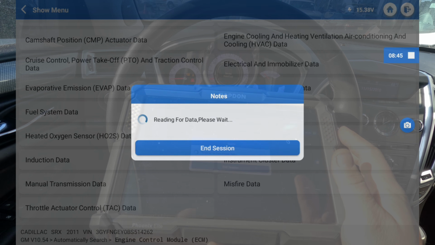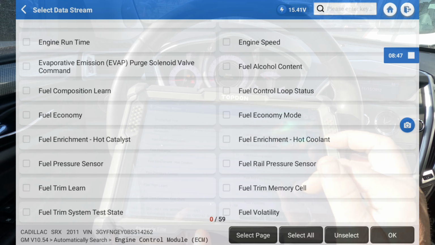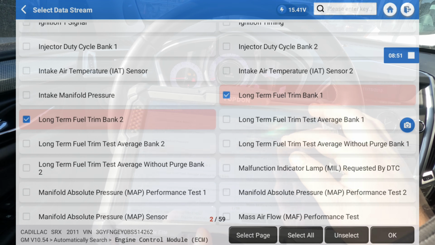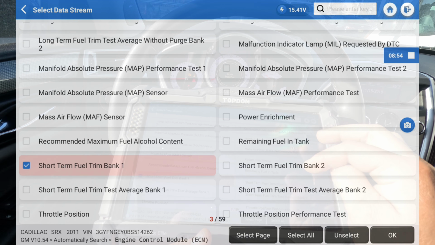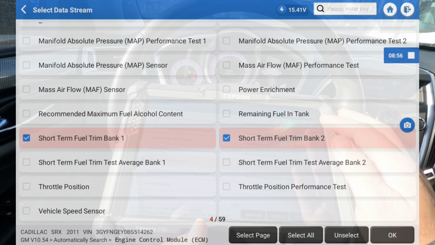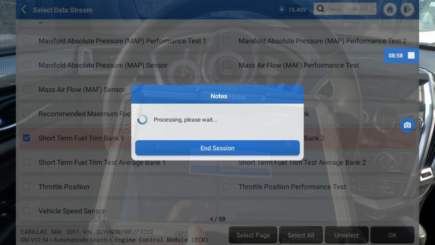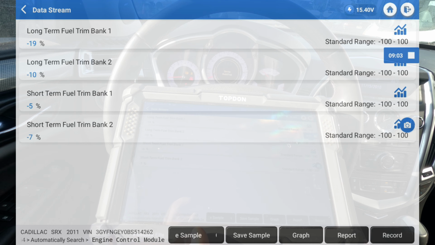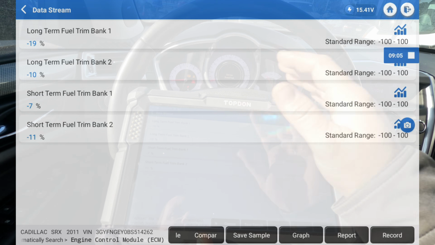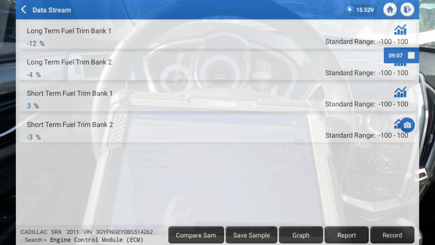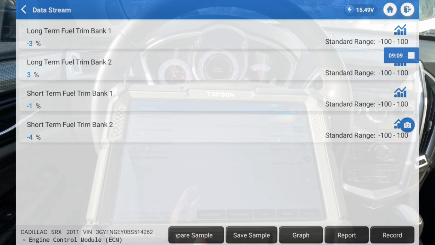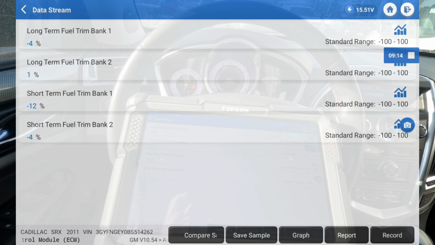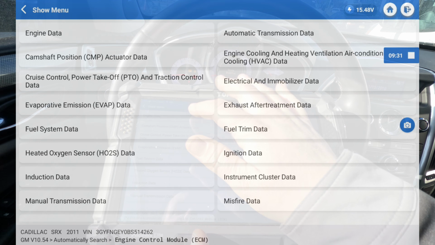I just want to see the fuel trims because they're supposed to be running rich also. Long term and short term. Yep, they're running rich. Minus 20. Really rich. When I rev it, they go normal. No, not normal, just better.